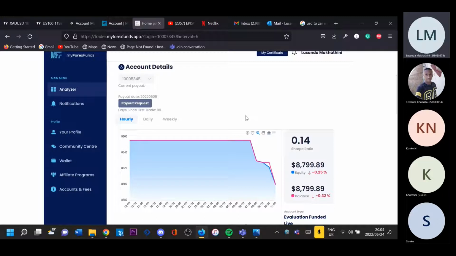With this account, I did not want to trade it anymore because it was so bad, I was just withering. But then I was like, okay, I got to this point, so might as well just take it on the chin.